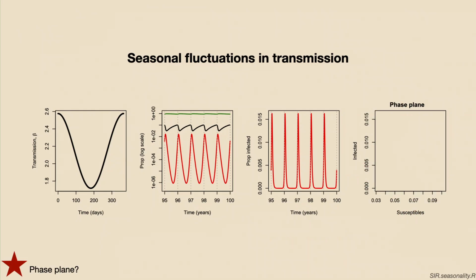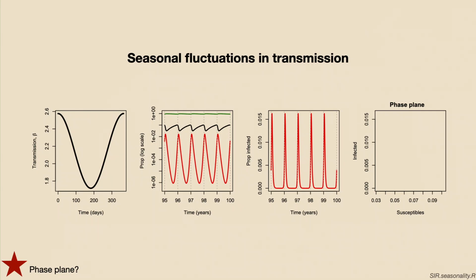And then we can write down what the phase plane would be. This is correct, but why is it correct?